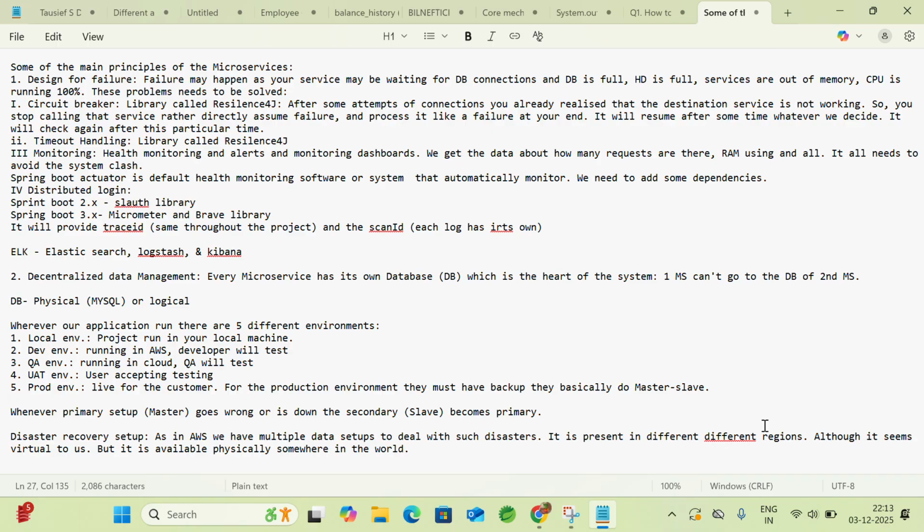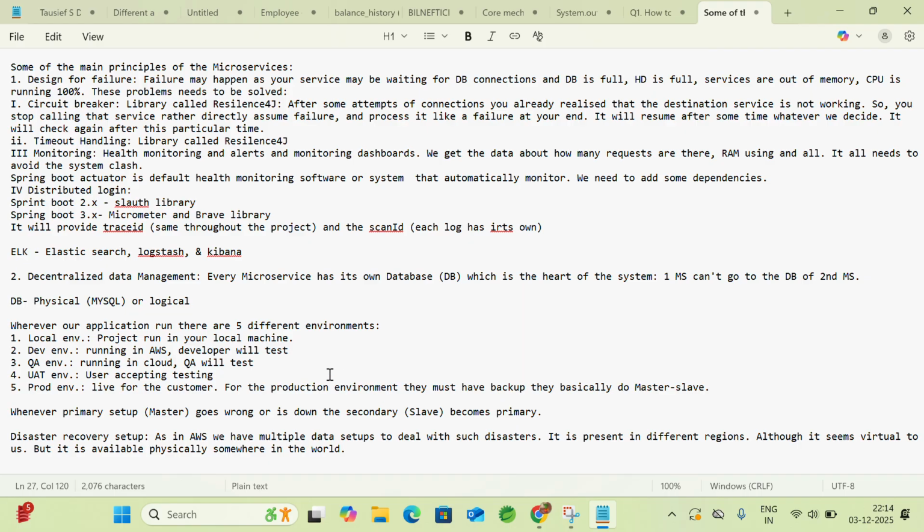So this is how we can protect our data. If sometimes there is a clash or some disaster happens, to avoid such situations, we are having AWS with multiple data setups to deal with such disasters, and it is present in different regions, so that if there is some disaster at one region, we can deal with another one.